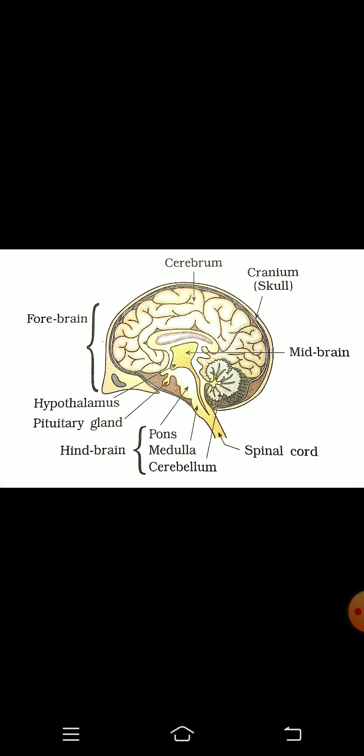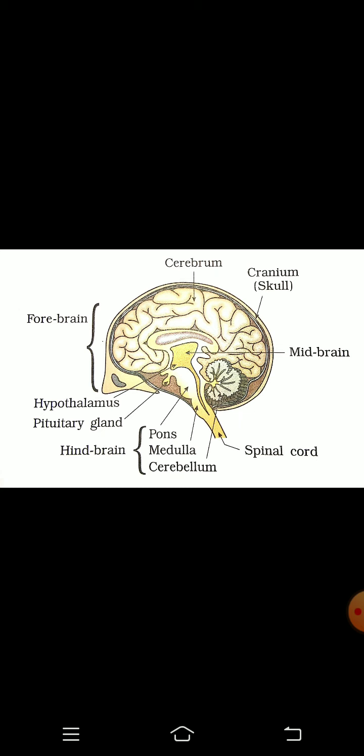Many of these involuntary actions are controlled by the midbrain and the hindbrain. This is the function of the midbrain and hindbrain. All these involuntary actions, for example blood pressure, salivation and vomiting, are controlled by the medulla in the hindbrain.